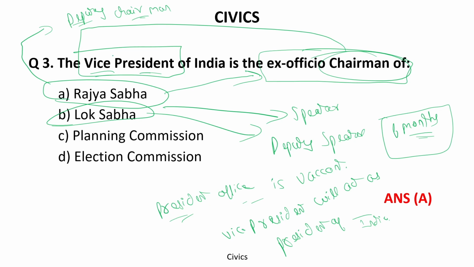And remember, when the vice president is acting as president of India, he cannot exercise his powers as chairman of Rajya Sabha. In this scenario, the deputy chairman will take over the Rajya Sabha proceedings. So remember these points.